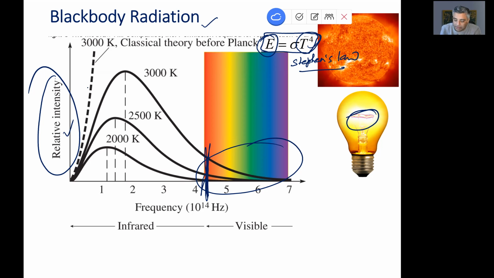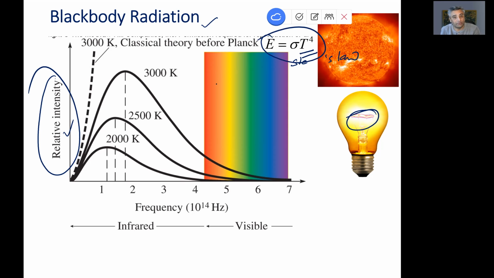And then what happens is that at low temperature, for example, we are also emitting radiation. We have temperature, right? Our body temperature is around 98 degrees Fahrenheit. I think if we convert that, it becomes slightly higher than 300 Kelvin, right?